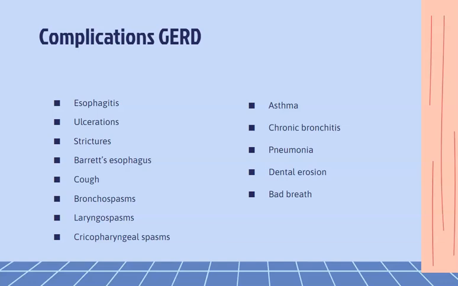When we talk about Barrett esophagus, this is a condition where the esophageal lining, or the mucosa that lines the esophagus, has become altered. Essentially, the cells of the lining change, and it can be associated with a precancerous type situation, but it will definitely increase the patient's or client's risk for developing cancer at a later time.